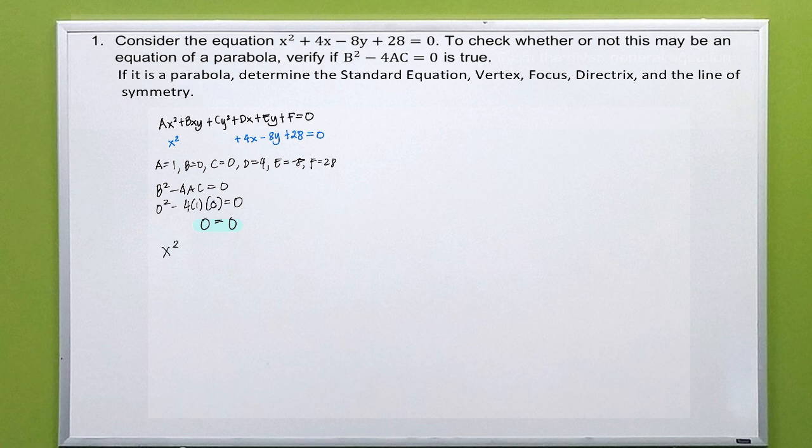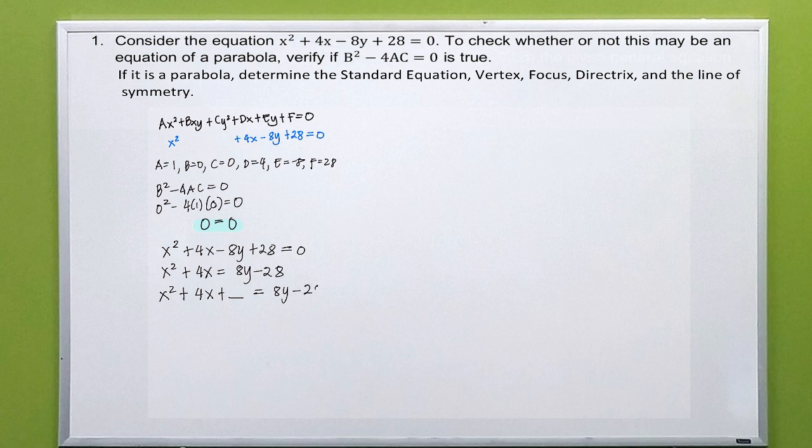To get the standard equation, simplify the given equation such that you move all other terms to the right side of the equation that are not similar to the terms with the variable of the second degree. In this case, it is x, all with x on the left and all the other terms on the right. We make use of completing the square to make the left-hand side of the equation a perfect square trinomial.